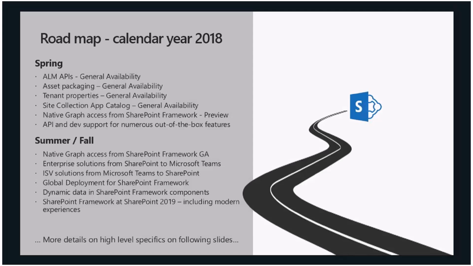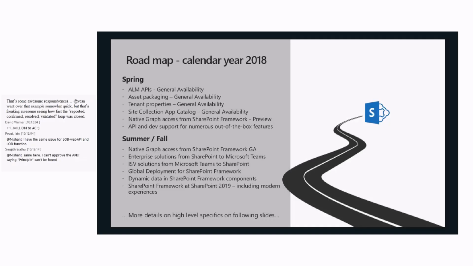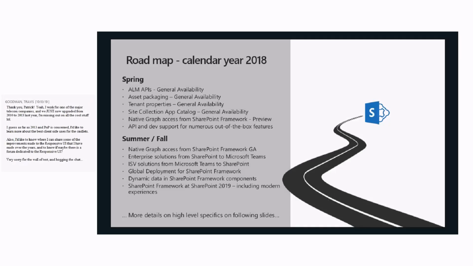There will also be enterprise solutions from SharePoint hosted in Microsoft Teams, which is a pretty cool thing. We're working on that one. We will have dev kitchens and everything else, but hopefully by the time of Ignite, we can get stuff available for you for testing and then release it after that. Then ISV solutions from Microsoft Teams to SharePoint. That means that whatever you see in the ISV selection in Teams can actually be used on the SharePoint Online side as well, which is pretty cool.